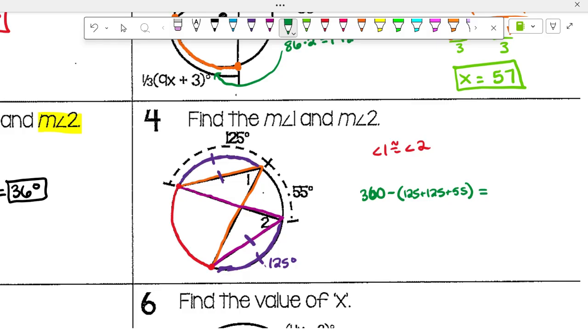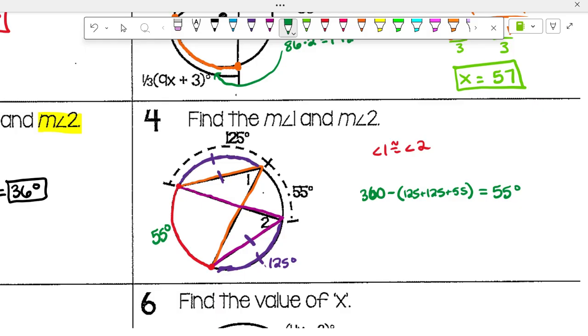What's that equal to? 55. So, it's clearly not drawn to scale, but that's 55 degrees.